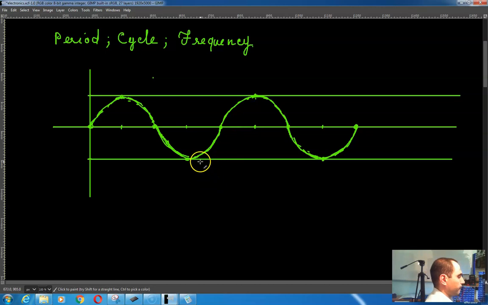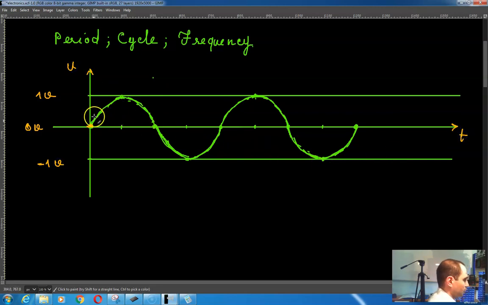Right? So you can see that at this point your AC wave's output is 0 volts. Over here let's say that you're at 1 volt, and over here you're at -1 volt. And this is voltage, and this is time.